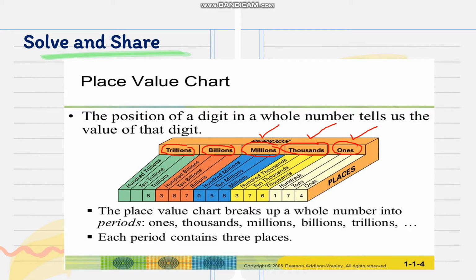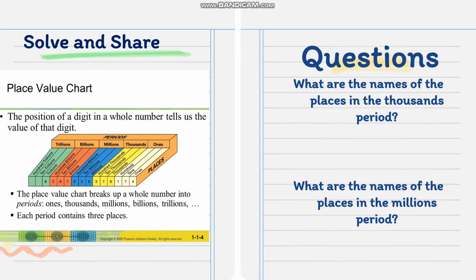Under ones period, we have ones, tens, hundreds. Under thousands period, we have thousands, 10,000s, 100,000s. Under millions period, we have millions, 10 millions, and 100 millions. What are the names of the places in thousands period?